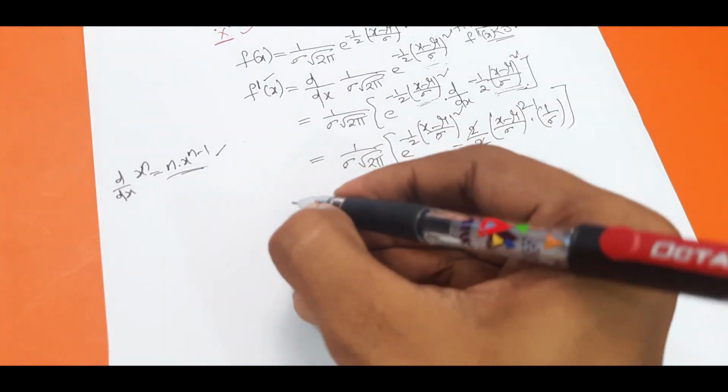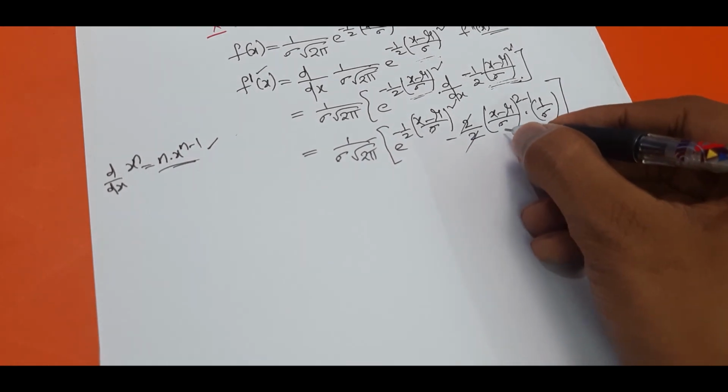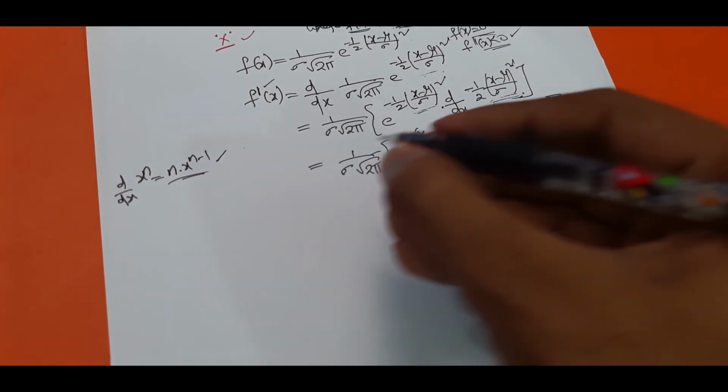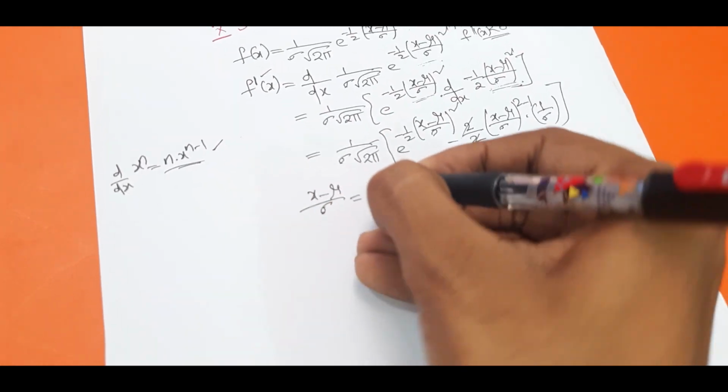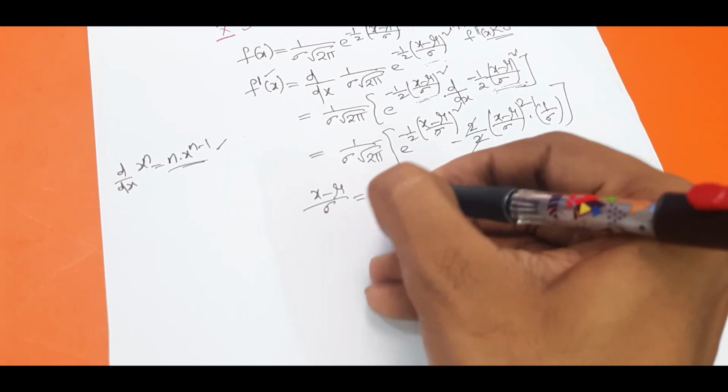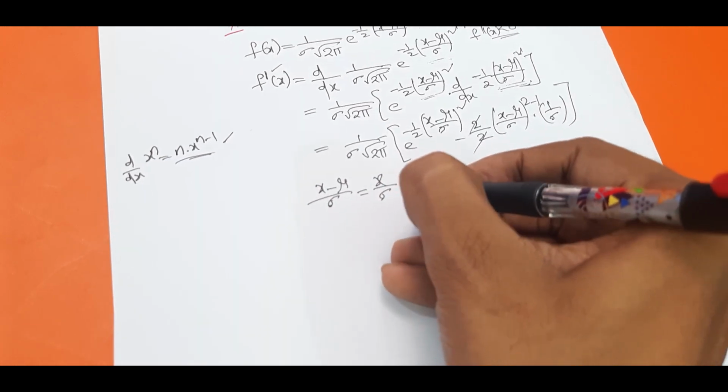Now let's see one more thing. If you take x minus mu divided by sigma, you can write this as x by sigma minus mu divided by sigma.